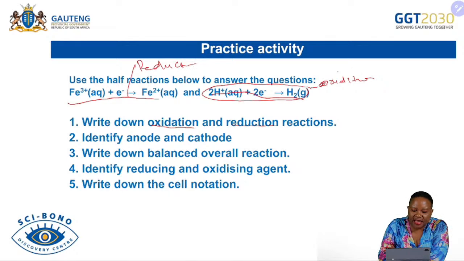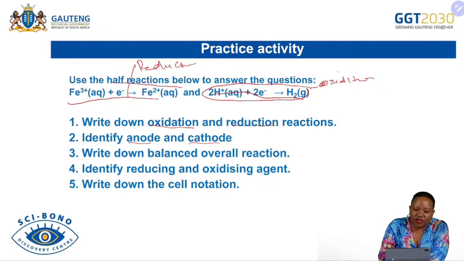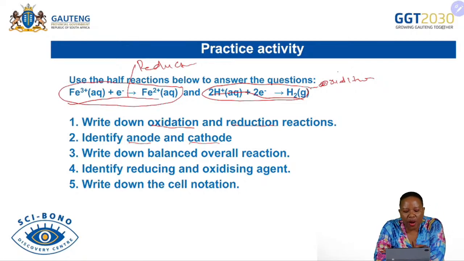And then the next thing they say is identify the anode and the cathode. Remember, we said the electrode is the solid electric conductor. Now we look at our two half cells and check where our solid conductors are. For iron 3 plus, I have aqueous; on this side, I also have aqueous; this one is aqueous, this one is gas. So for both reactions, we don't have solid conductors.